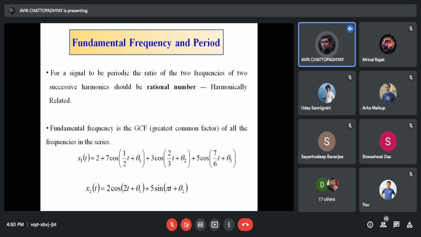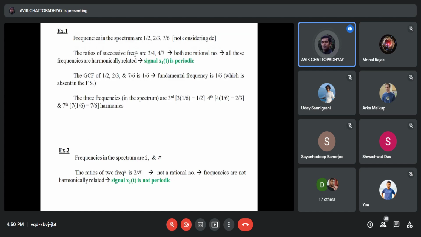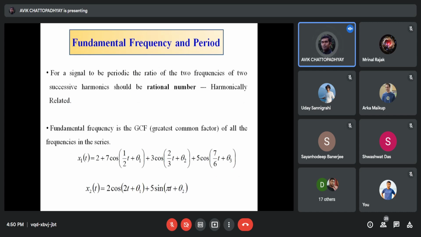In this example, which is an arbitrarily generated example, apart from DC, only the third harmonic, the fourth harmonic and the seventh harmonic are present. Even the fundamental is not present. So that is an example. Again, in the numerical question, an arbitrary example is given, and you are asked to find out different things.